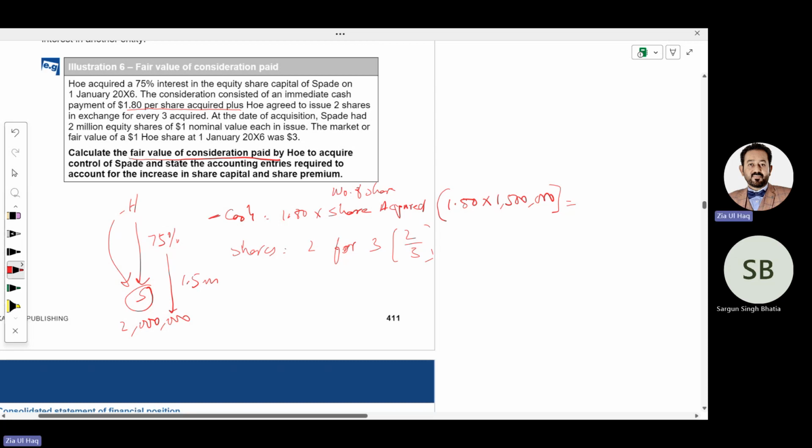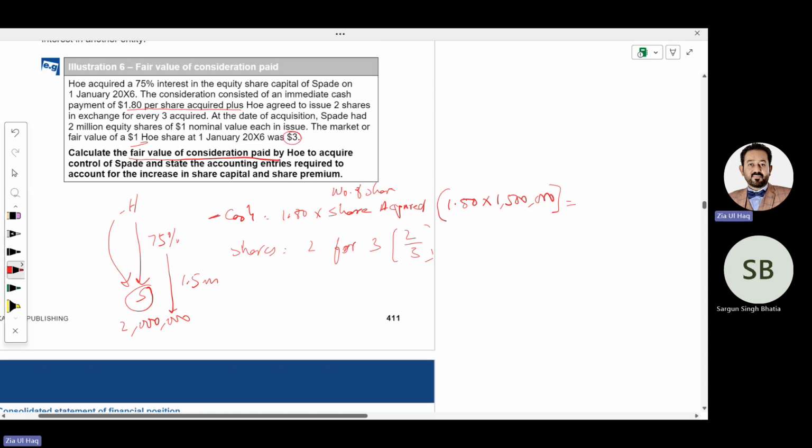How to calculate this? We're gonna discuss. The market value of H share? Fair value is $1? The H share price on 1st January 20x6 was $3.